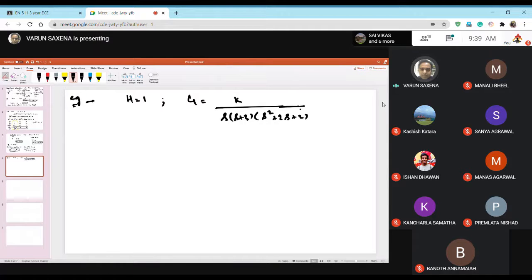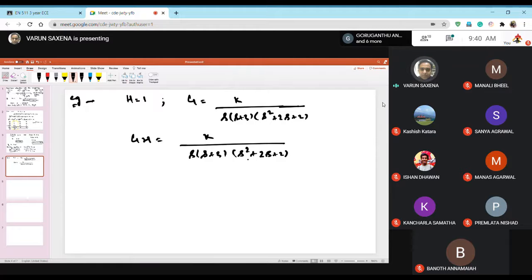Sometimes people may say that you're given a system. So this system can also be characterized as, I simply give you the value of GH equal to K over S(S plus 3)(S square plus 2S plus 1). I can just simply give you this value also, saying that it's a unity feedback system.